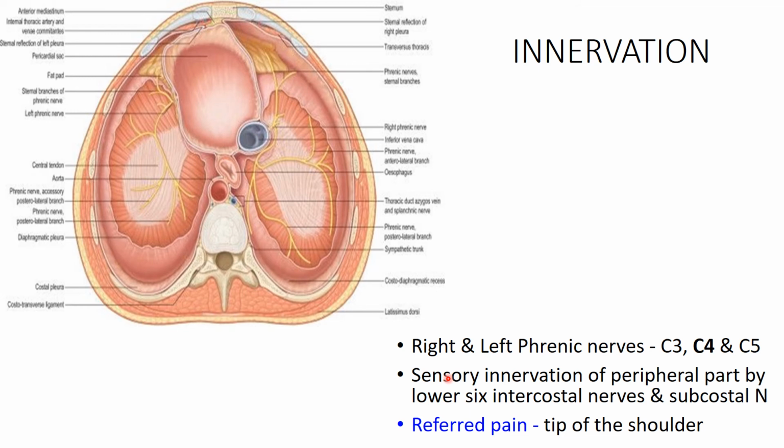Now these phrenic nerves emerge from the cervical plexus, nerve roots being C3, 4 and 5, from the ventral rami of the cervical plexus, and the main contributor is C4.